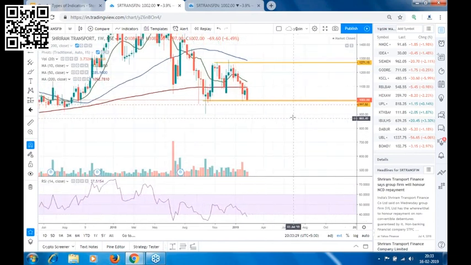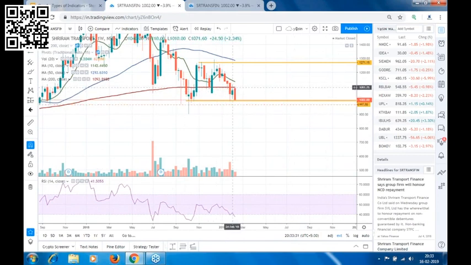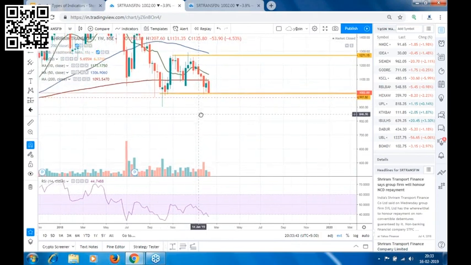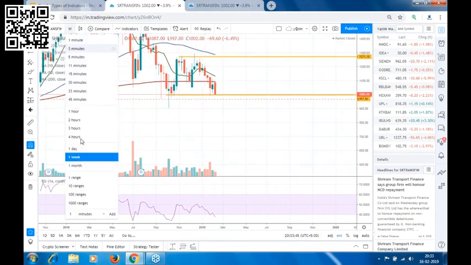Now if you see the weekly chart, we have a 200 period moving average resistance on top, and this level will act as your resistance. Let's check the 4-hour time frame.